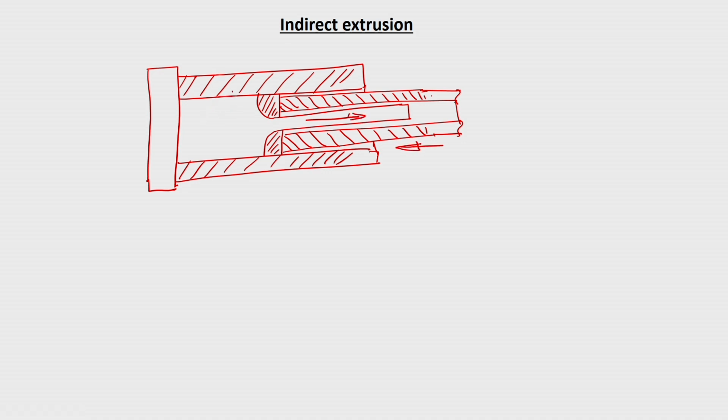So, this is the billet and this is your ram, this is your die. See, if this is your billet, it gets extruded like this.